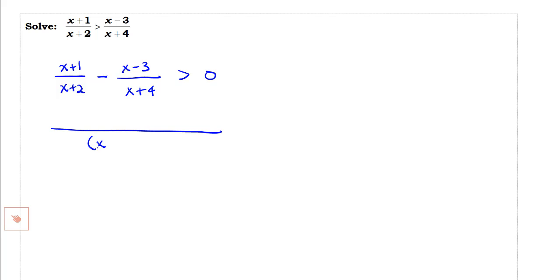So now, is this the common denominator? Is this the first numerator? Minus. Is this the second numerator? And getting a common denominator never changes the inequality.